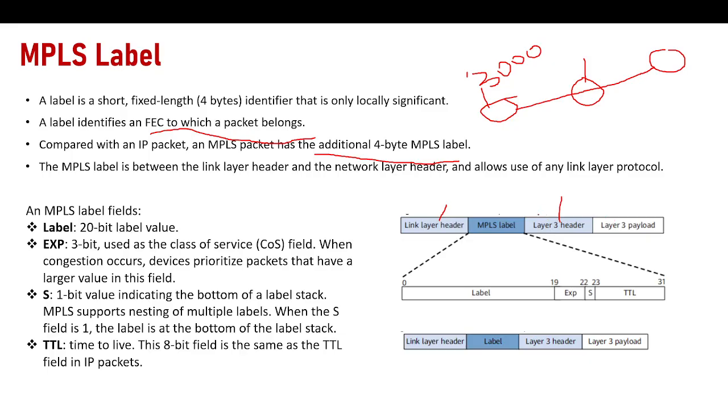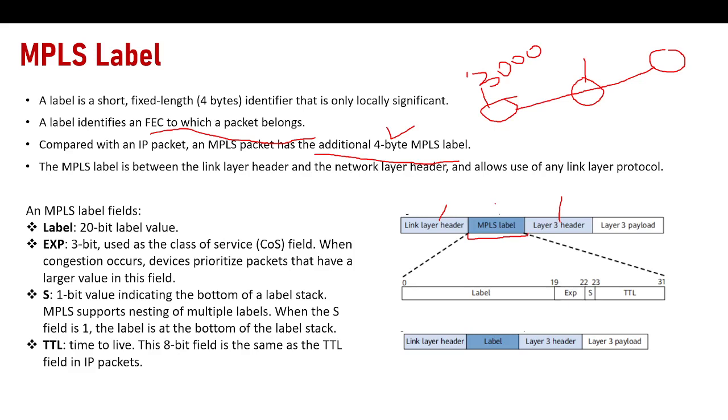You are now introducing an MPLS label between the link layer header and the network layer header. So you've added an additional 4 bytes of data on that MPLS packet that is now being forwarded on the network.